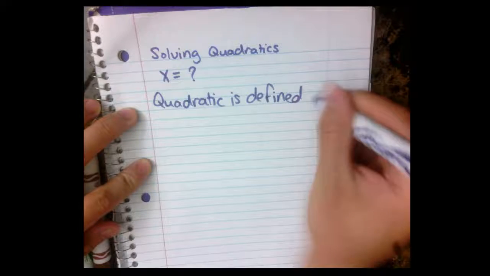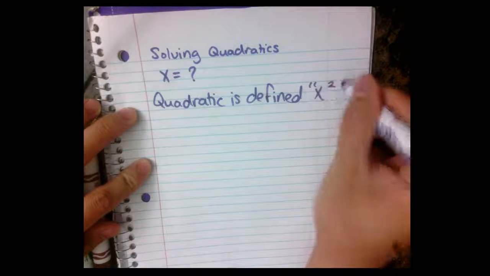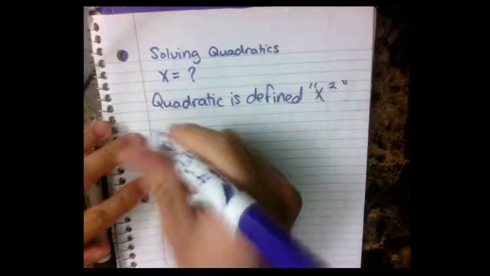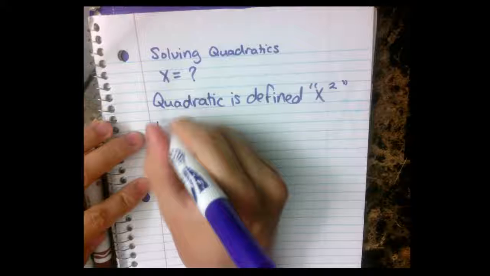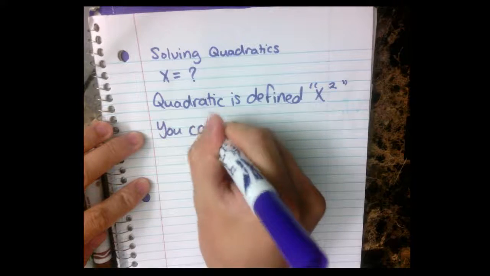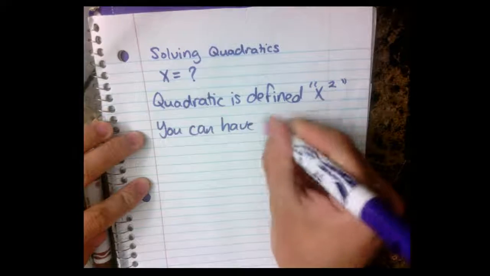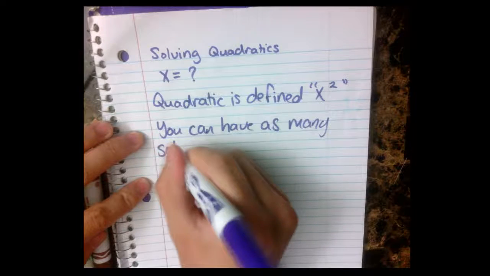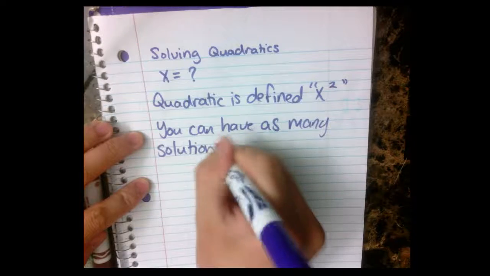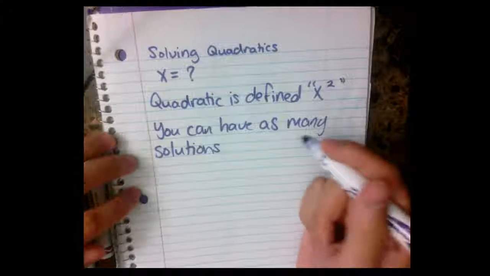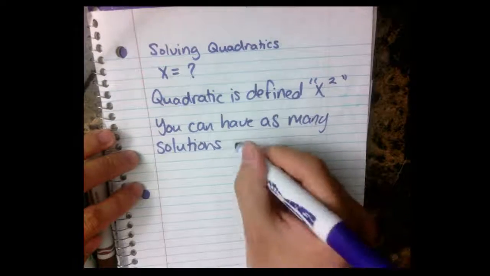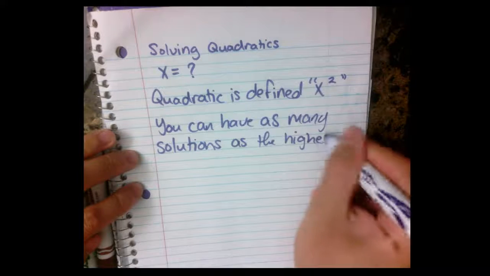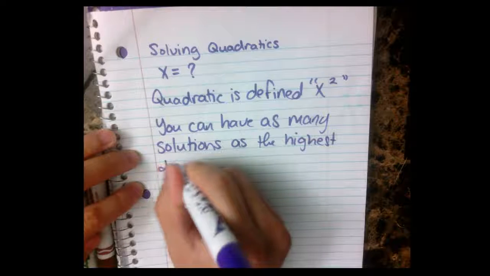I told you this results in that parabola that we get, that U or upside down U. And because it's defined as x squared, you can have as many solutions or answers, so x equals some numbers, as the highest degree of your function.